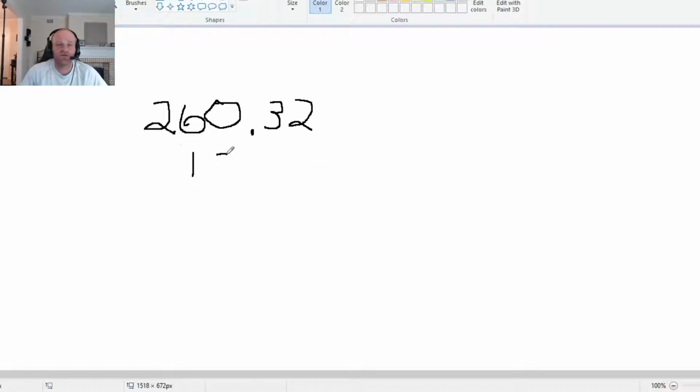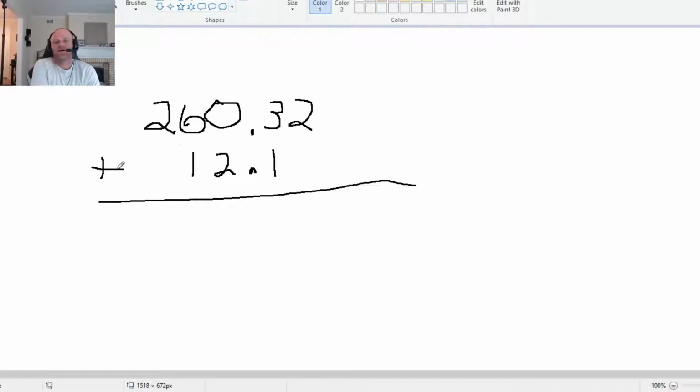Anytime you're doing addition or subtraction of decimals, you want to make sure that you line up the decimals. So this is an addition problem. When you are adding or subtracting significant figures, you will always go to the decimal place of the least significant figure.